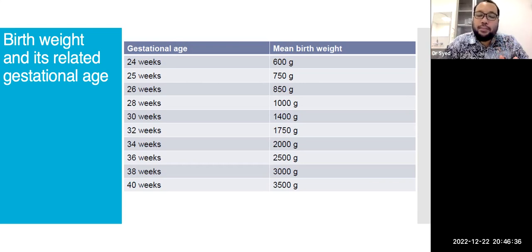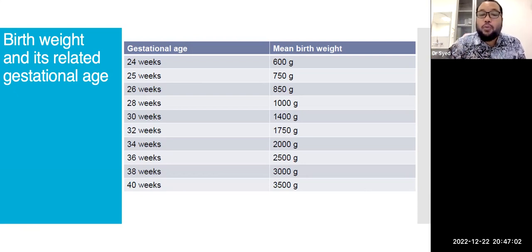Kalau in many developed countries, UK, US, dia ambil 24 weeks. And any baby who's born more than 24 weeks, dia akan resuscitate. 23 to 24, dia tengok condition baby at birth. 22 to 23, more severe, only in certain specialized hospitals saja.